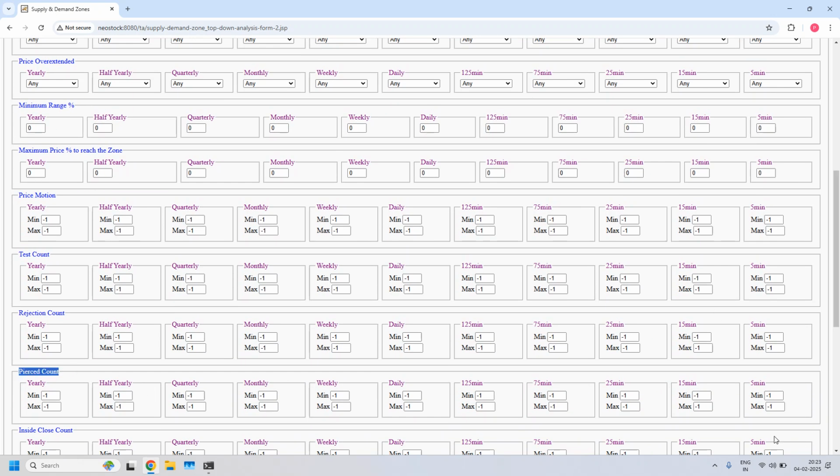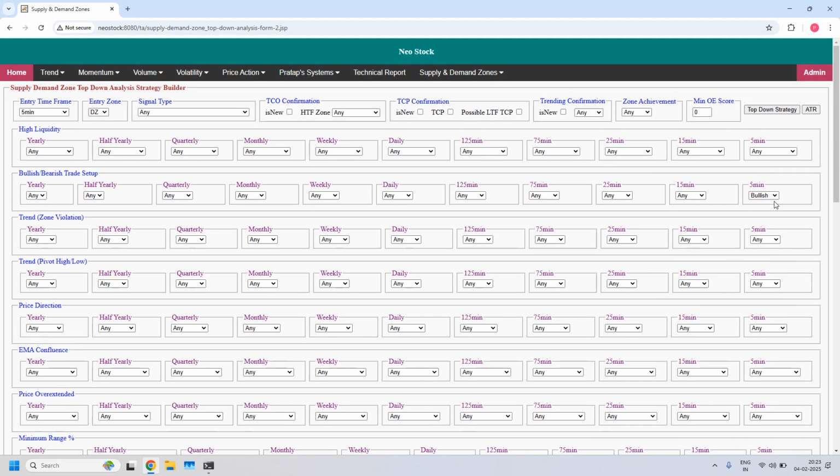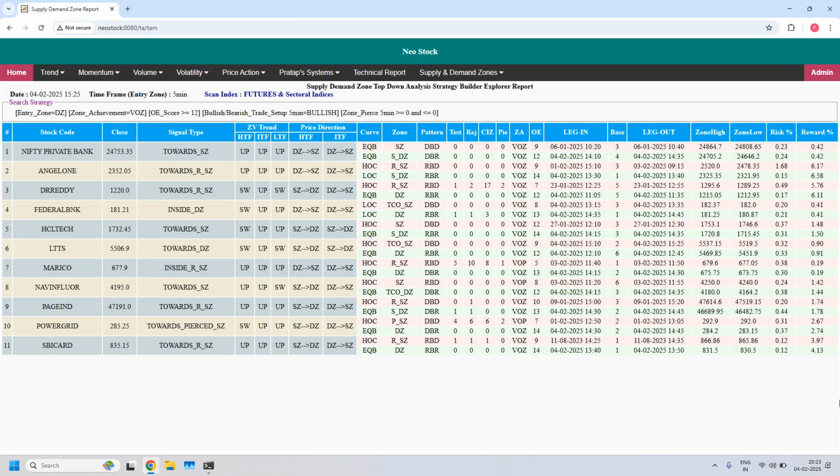So in the pierced count at the 5 minute time frame, I am setting minimum value 0, maximum value 0, zone achievement violated opposing zone, minimum odd enhanced score 12. All the 3 filters are applied to 5 minute demand zones. So with this we got 11 stocks. Currently, these 11 demand zones are supporting bullish trade setup for hourly income trade. Entry time frame is 5 minute demand zones.